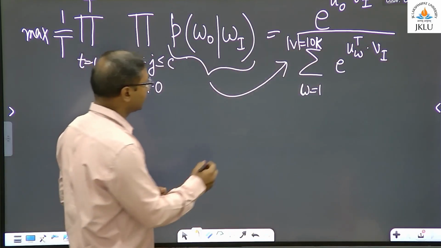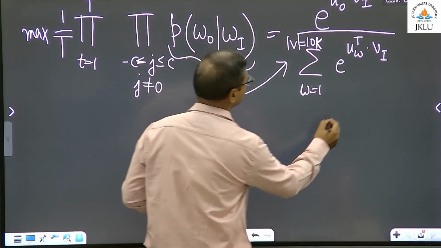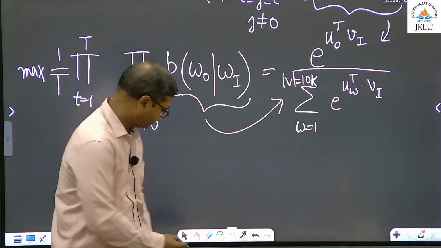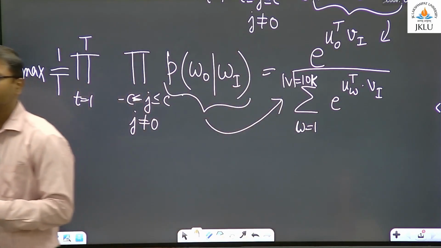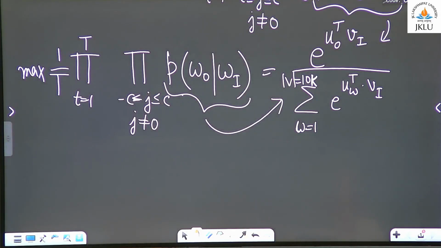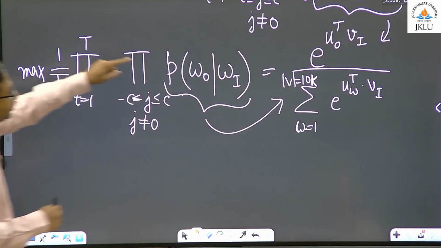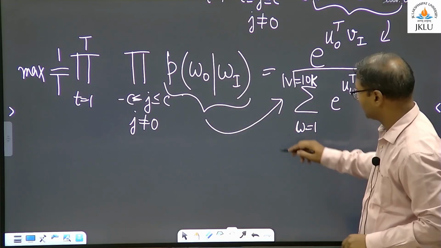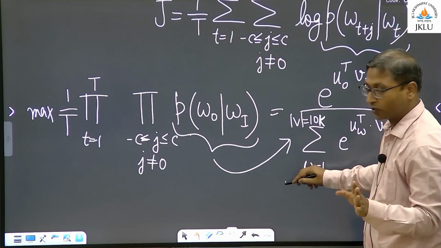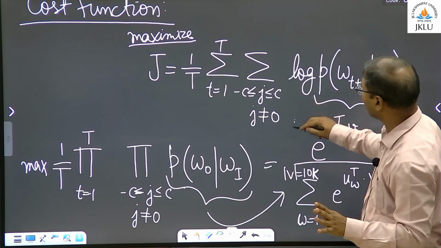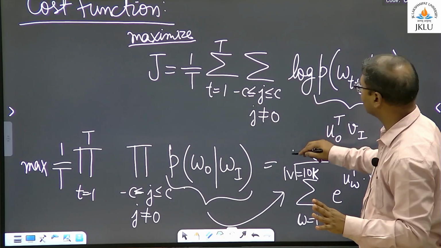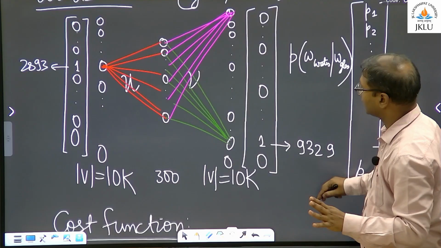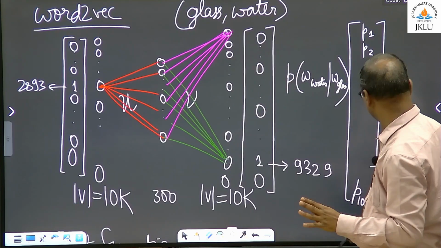So let us come back to this particular equation now. What does this thing represent? What is that U0 transpose? UO stands for output. Okay. So maybe I'll write it here for the time being and I'll get rid of this.